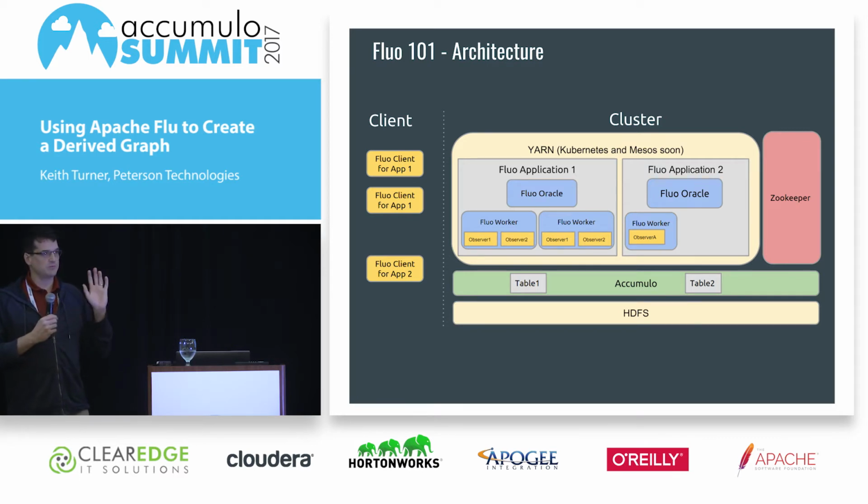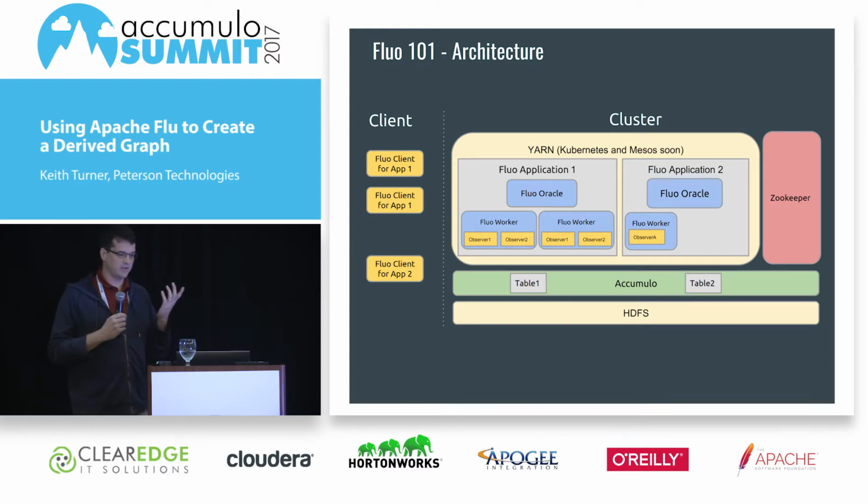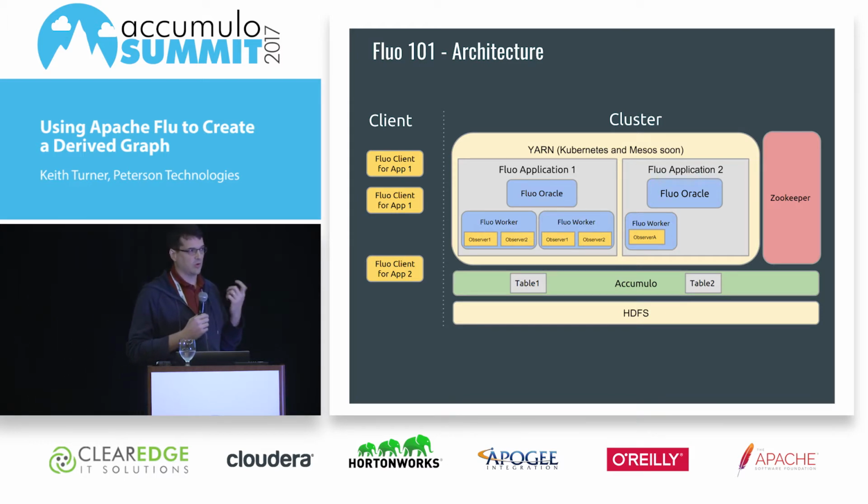These client apps would normally be loading data into Fluo. And then within the cluster, you have an Oracle process that's run per Fluo application. As a user of Fluo, you'll never interact with this directly, but it's a component running on the cluster, and it's providing logical timestamps.